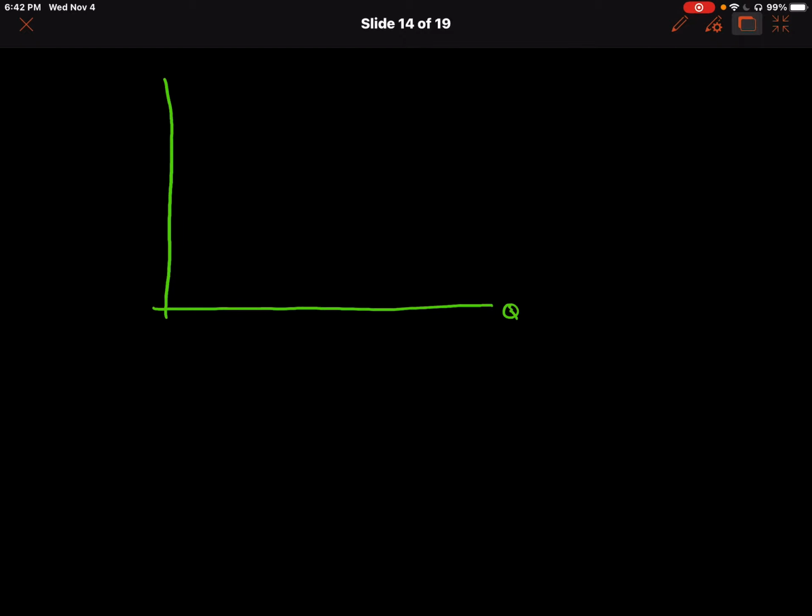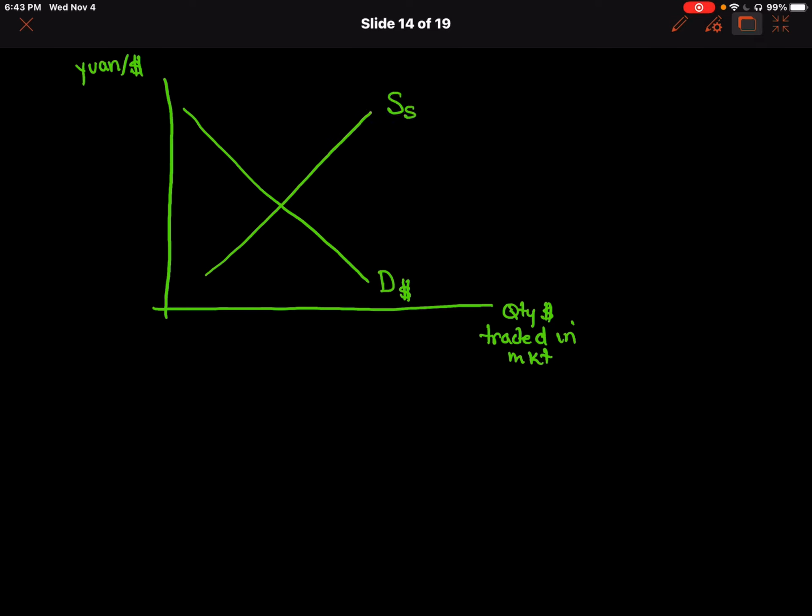We noted that we could talk about the determination of the exchange rate by the interaction of the supply and the demand for the country's currency. We'll talk about this in the next set of notes.